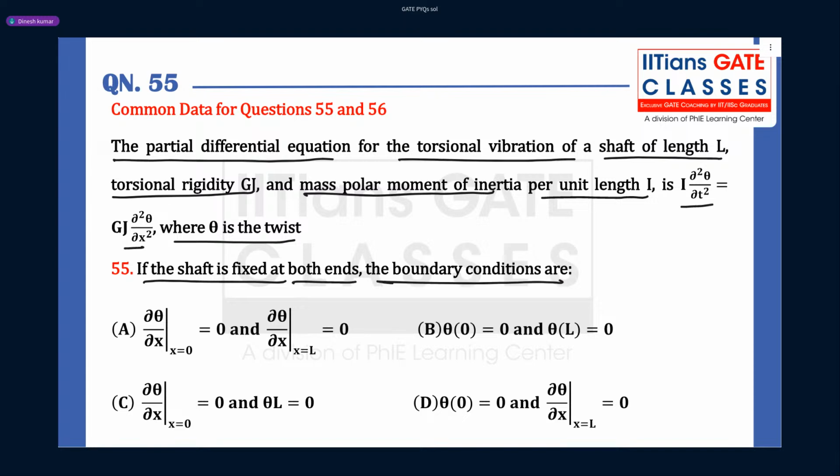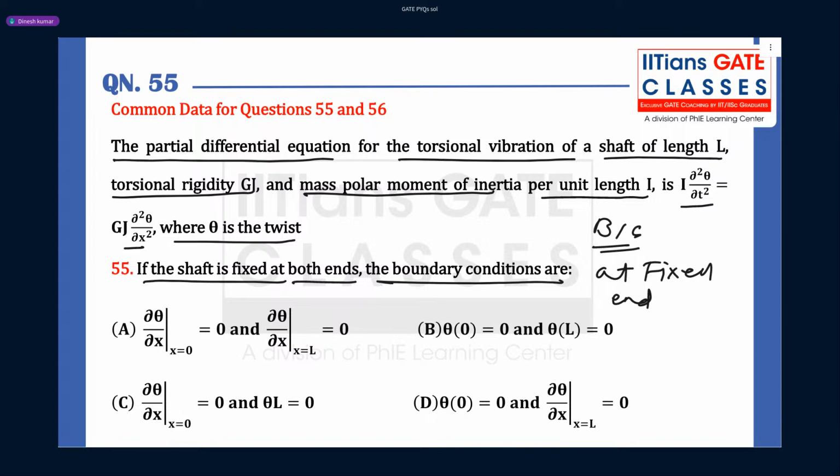So we know, guys, in the case of vibration of a shaft, what boundary conditions do we use at the fixed end? Sahil, at the fixed end, what is the boundary condition? This part is already done, right?